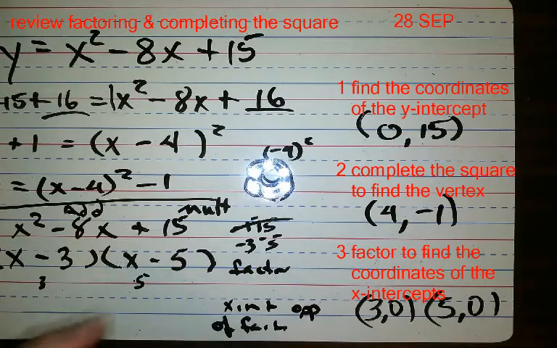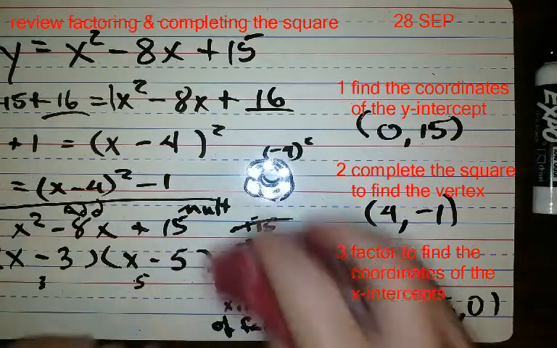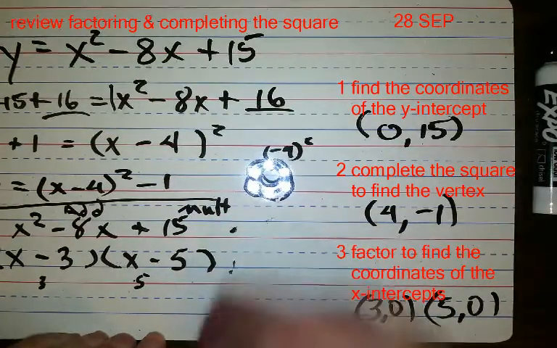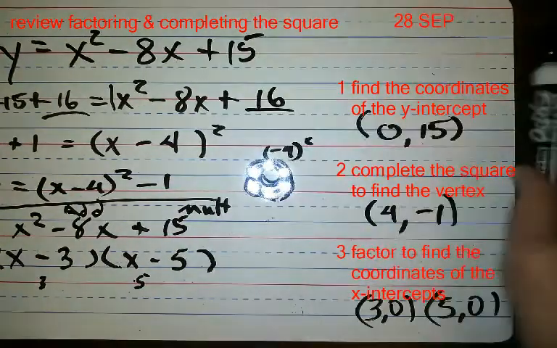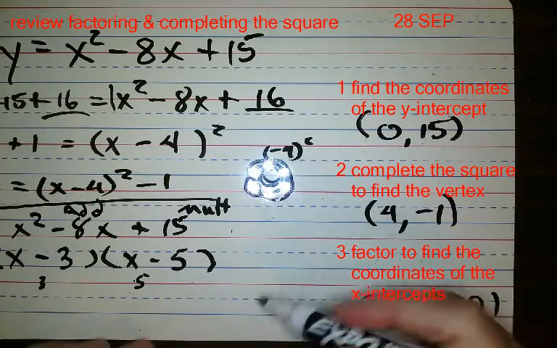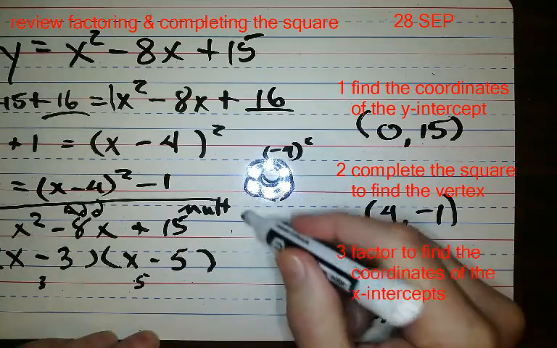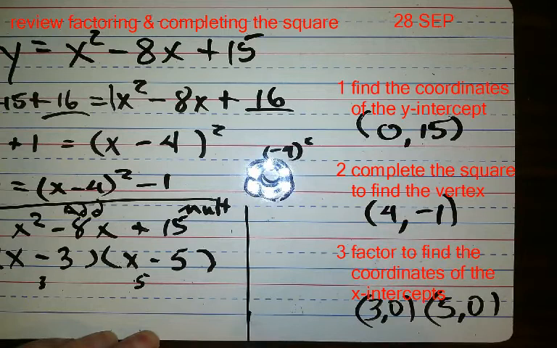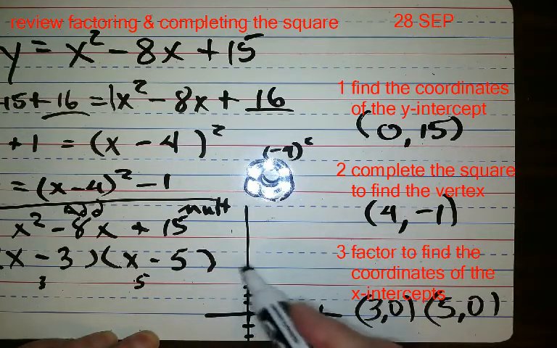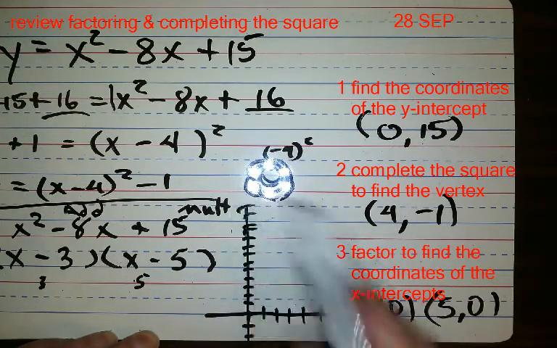Now, let's make ourselves a little tiny graph here so we can see what's going on. One, 2, 3, 4, 5. 1, 2, 3, 4, 5, 6, 7, 8, 9, 10.